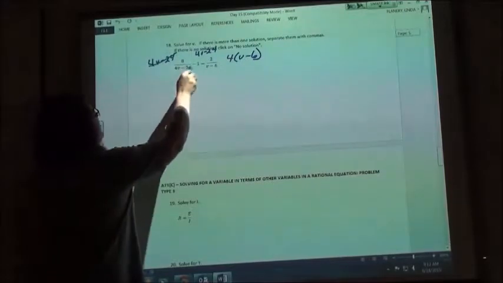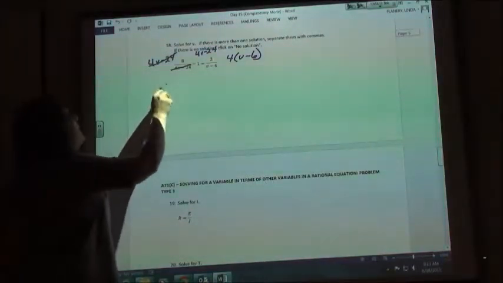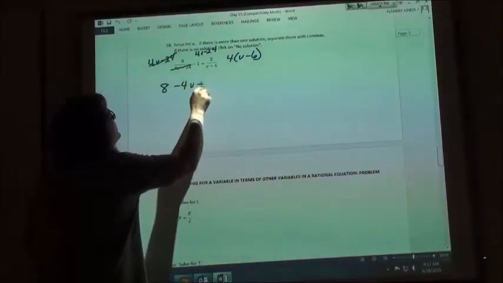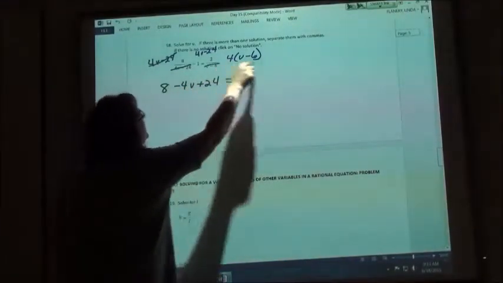So canceling there, on the left side I'm going to end up with what? 8 minus 4v plus 24 equals, on the other side I'm going to get 8.